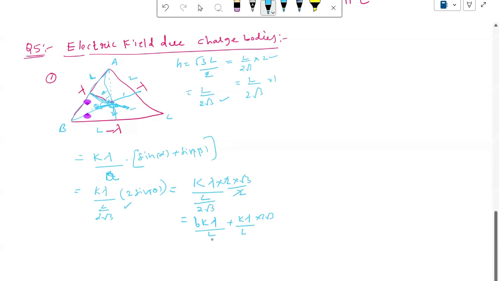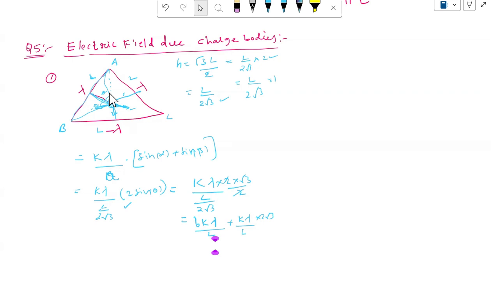Therefore you will get the answer, and the force is towards BC. If it is positive, that means the force is 0. All are equal, so the force is 0. I hope this question is understood, right?